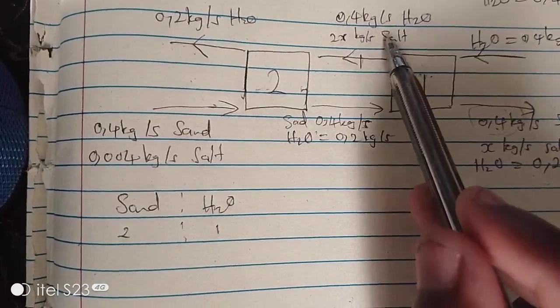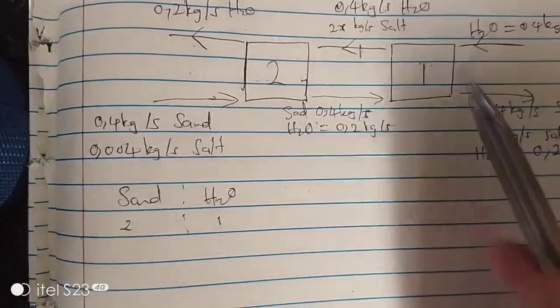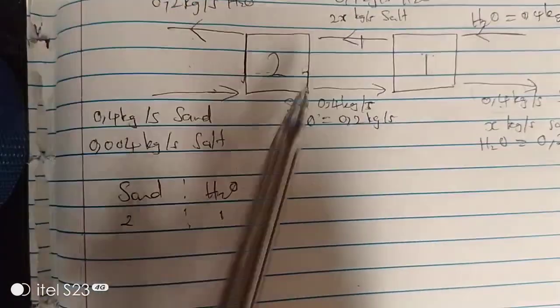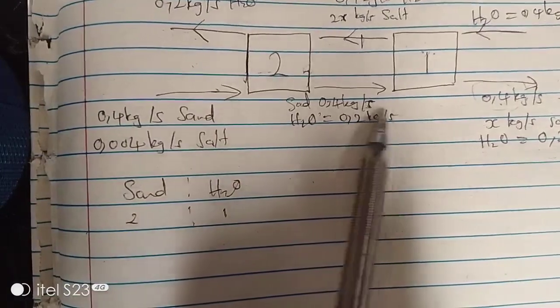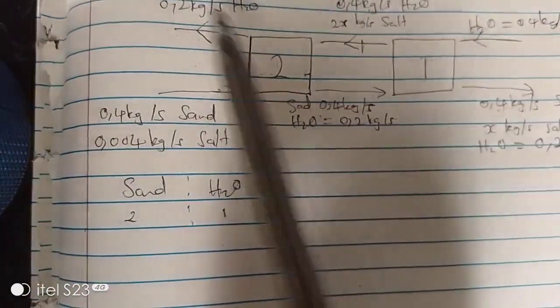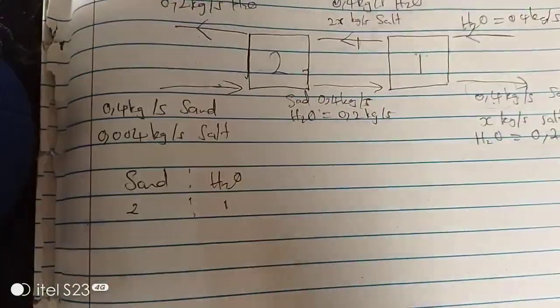So if perfect mixing is occurring, this contains double this amount. Hope all is clear. Now we know that this amount of water and this amount of water are equal, so they contain equal amounts of salt. Clear? Fair enough.